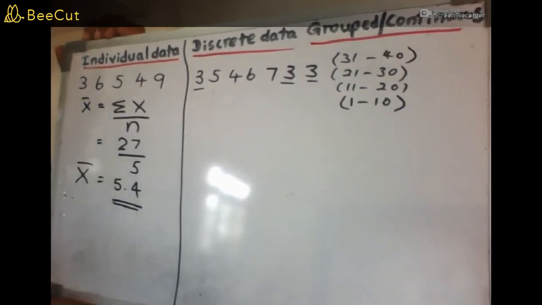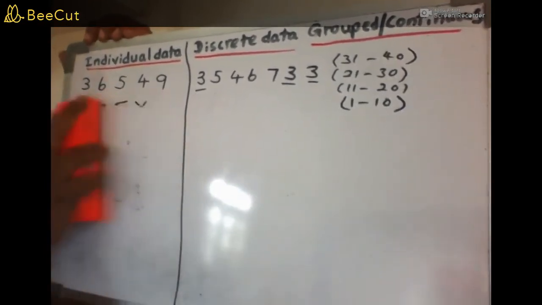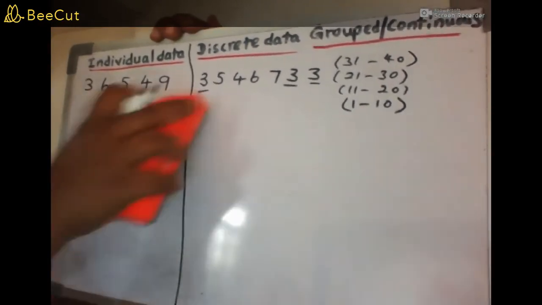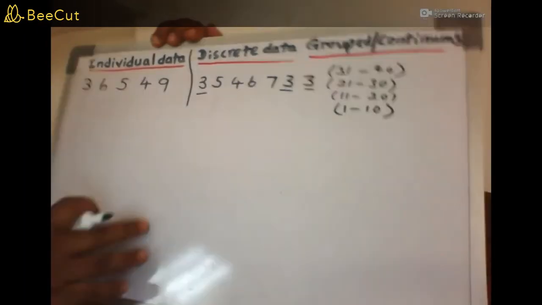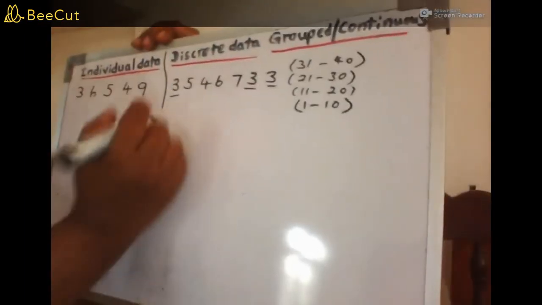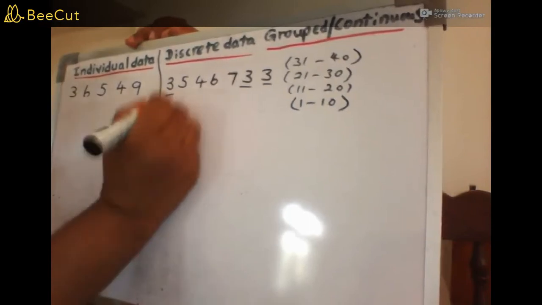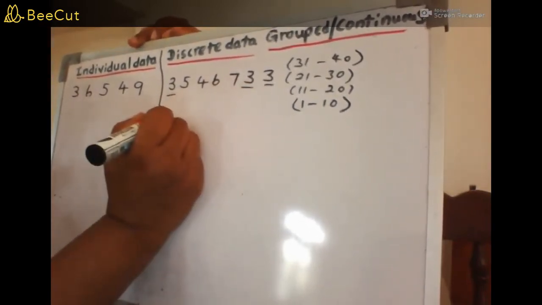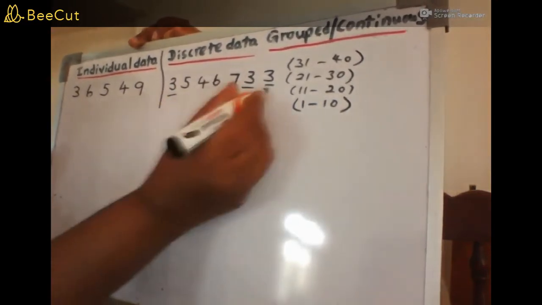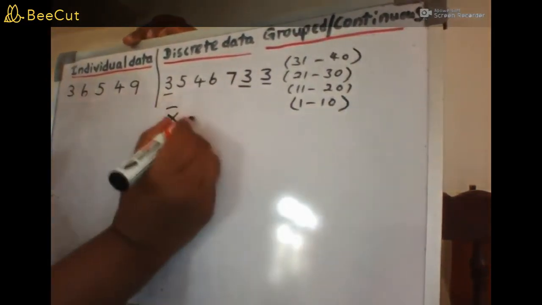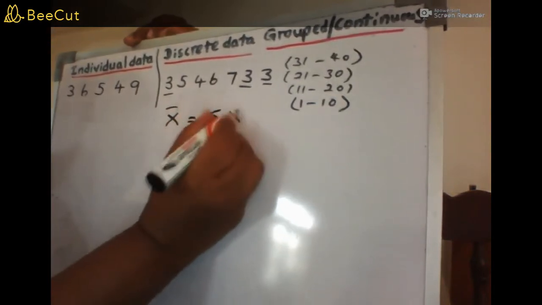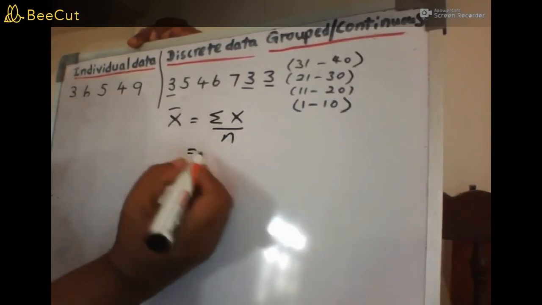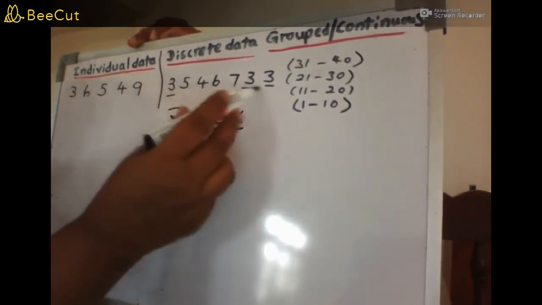Now we'll go to discrete data. Here you can use two methods, but if you have a series like this, even in the first paper you can add all these values. Same formula, x bar equals summation x divided by n. So summation x, you have to add all these values.